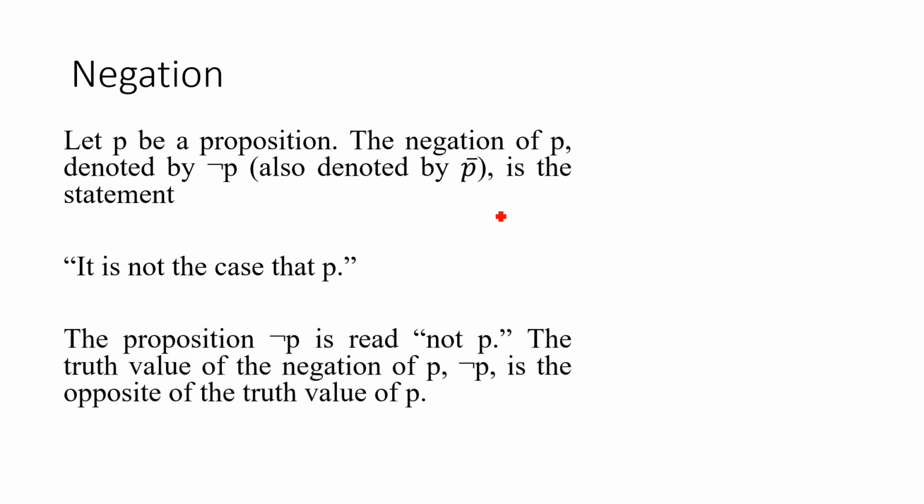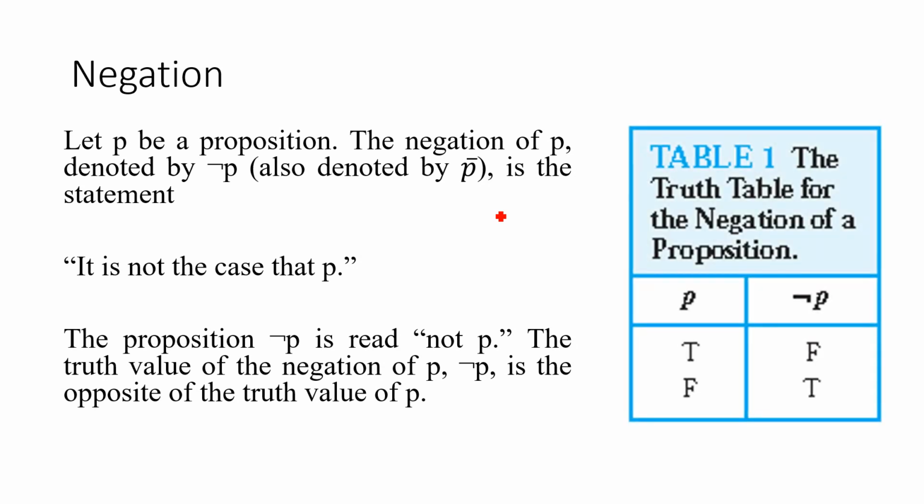The proposition negation of P can also be read as "not P." The truth value of the negation of P is the opposite of the truth value of P.